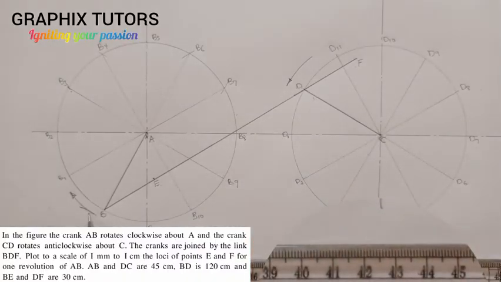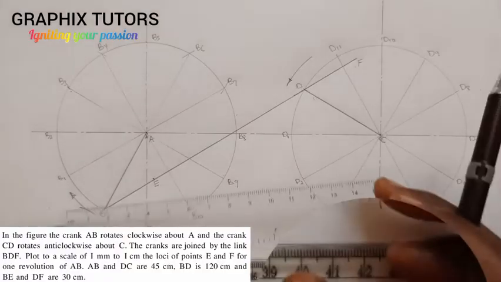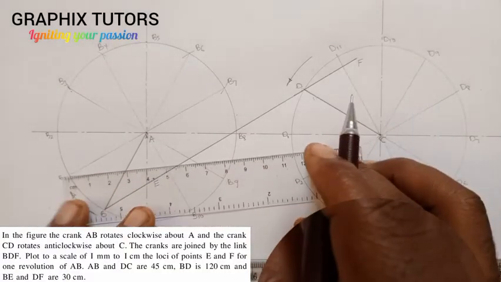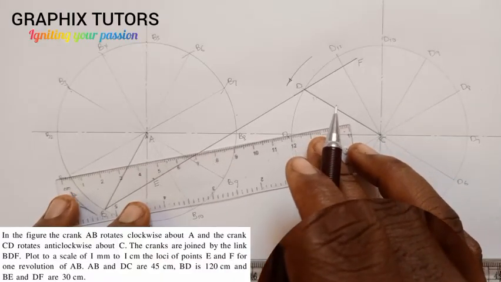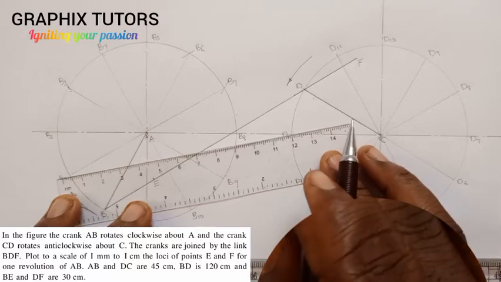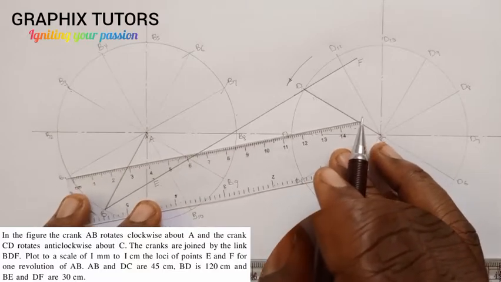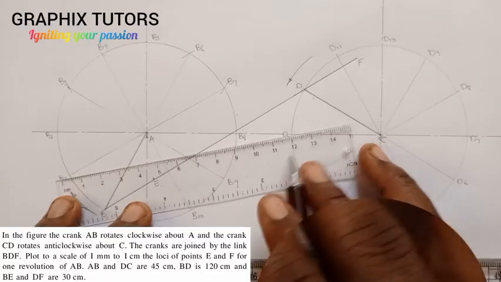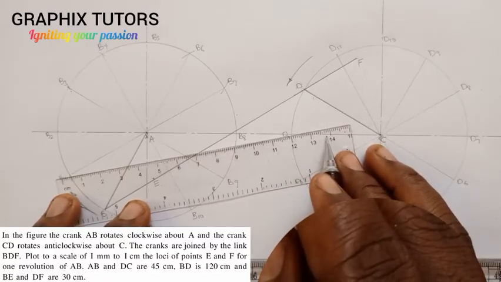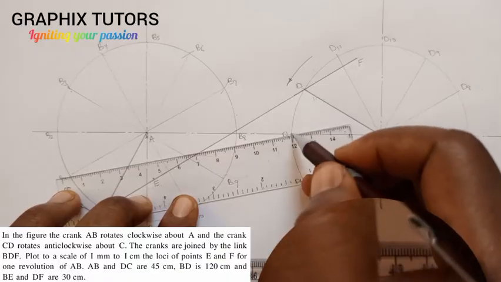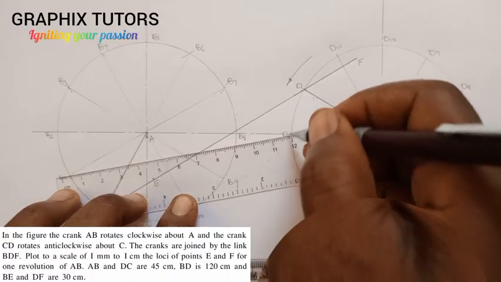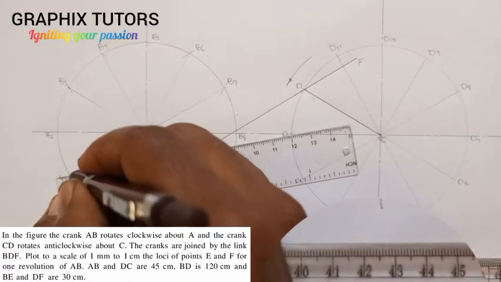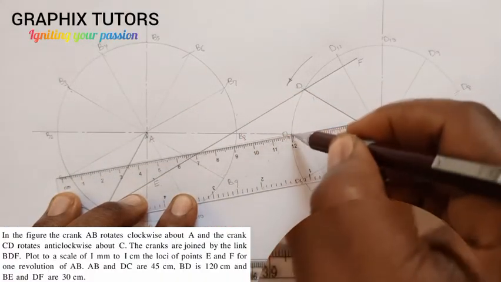Since I connected B to D, automatically I am going to connect B1 to D1. B1 to D1, with your faint line. You can see that. And extend it by 30.